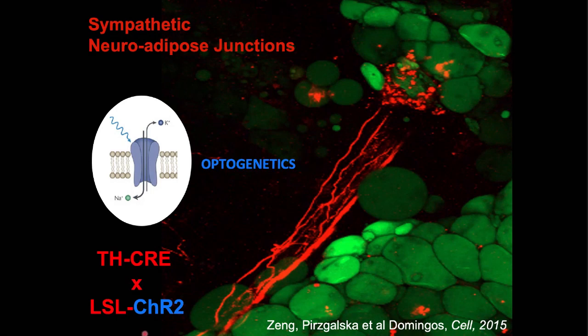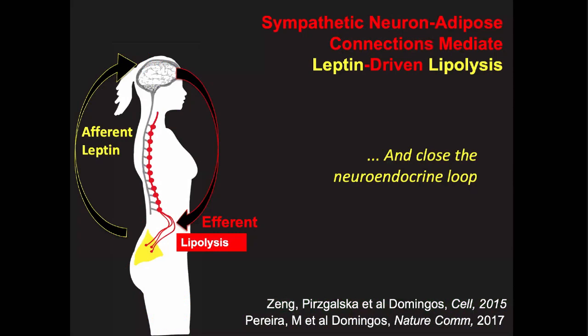And through a series of experiments in which we also utilized genetic loss-of-function experiments as well as surgical ones, we demonstrated that the sympathetic neuroadipose junction mediates leptin-driven lipolysis, and that in turn they close the neuroendocrine loop of leptin action in the brain.